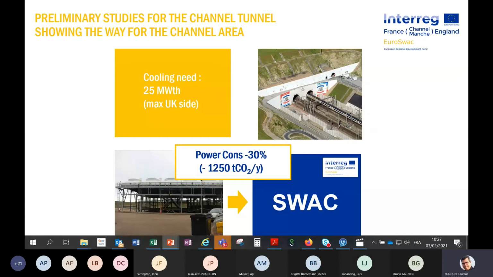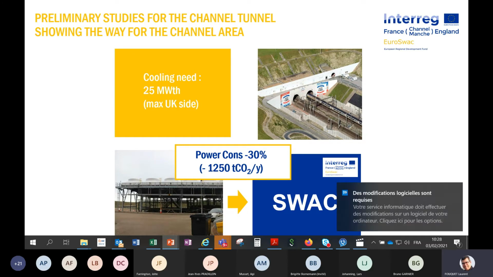Yeah, so the genesis of the Euroswac project comes from first studies we have made for the Channel Tunnel, that have shown that we could save up to 30% of power consumption to cool down the tunnel, which needs some air conditioning due to the effect of the trains within the tunnel.